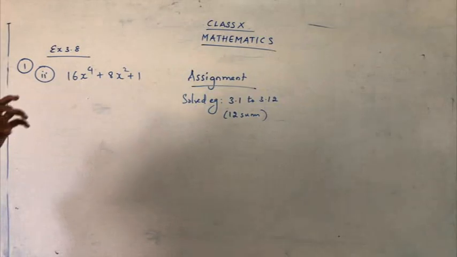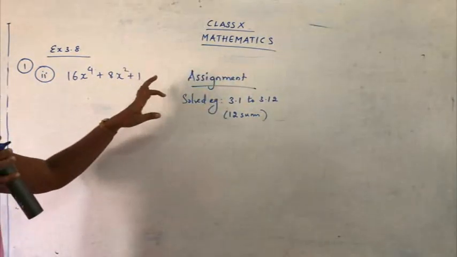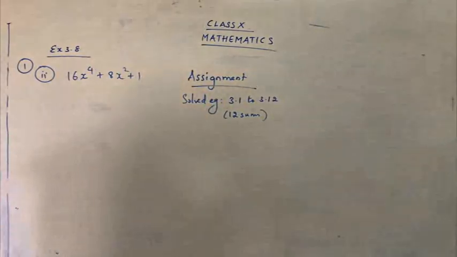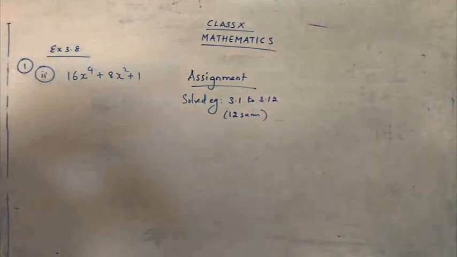You have to write the heading as Mathematics Assignment. Write down the date, then write example 3.1. You have to write the question and then the answer. No one is going to write the answer directly, so write the question and the answer.